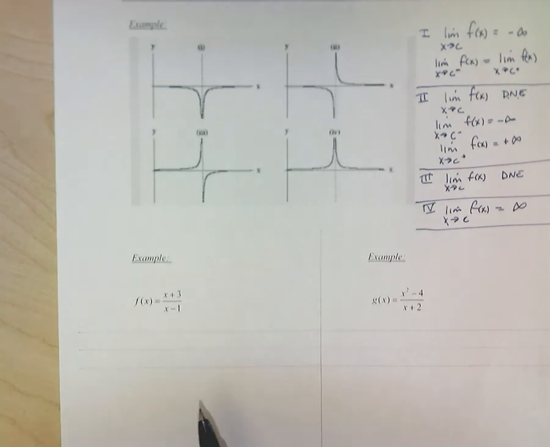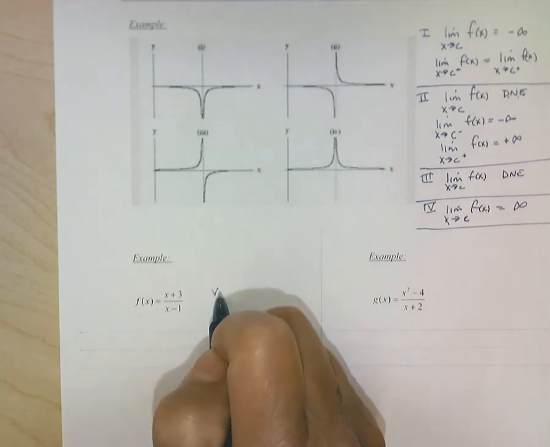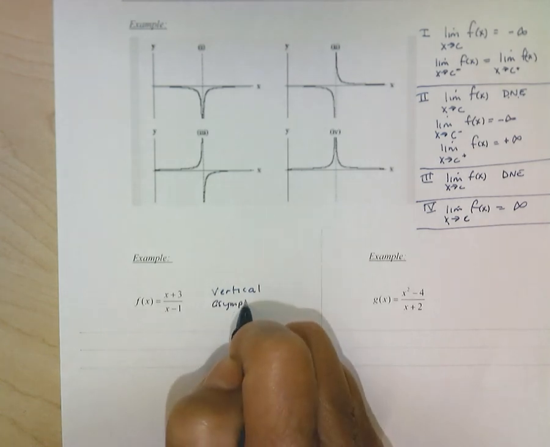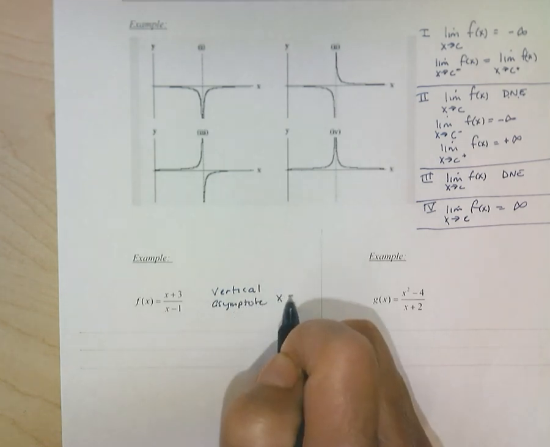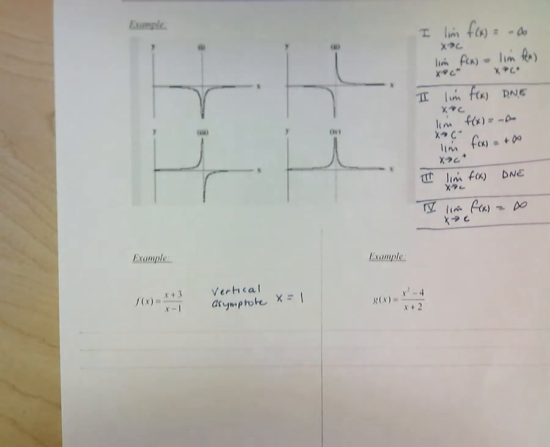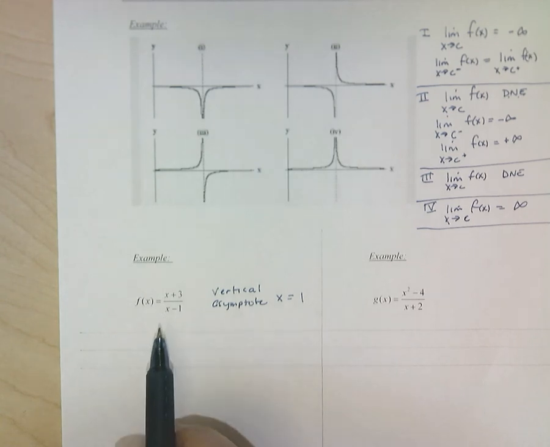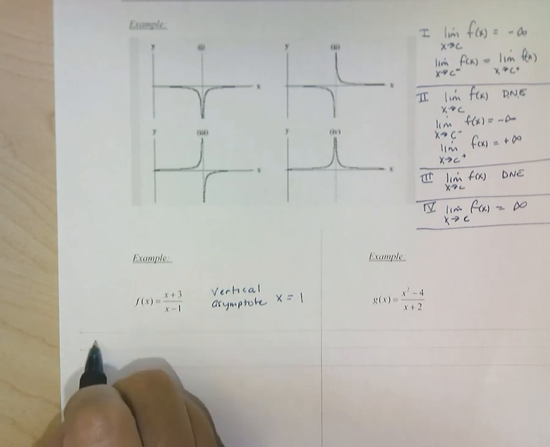If you remember from Algebra 2, there's a vertical asymptote at x equals 1. When you get better at this, you should start to recognize what happens if I go to the right of 1 and to the left of 1. But let's look at it numerically, with a table of values first.